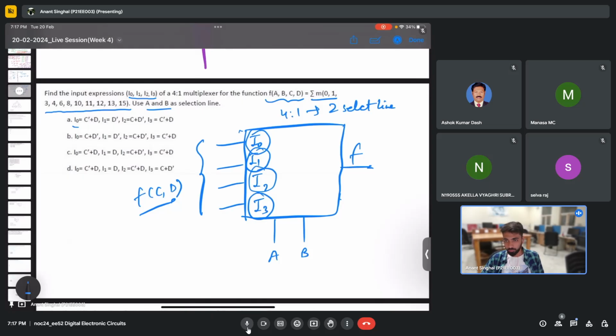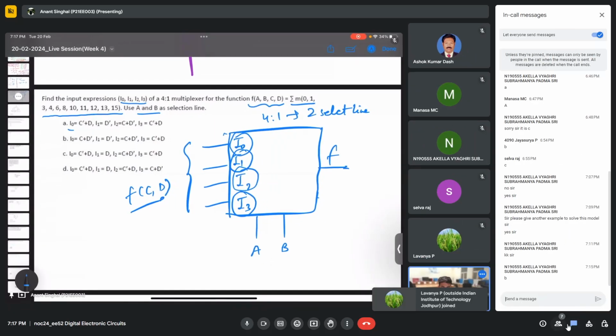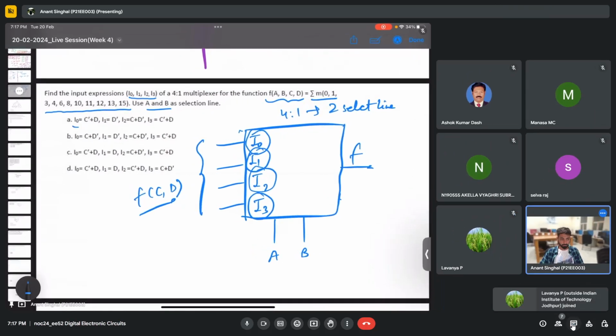So try to do it quickly. Maybe you can take 3-4 minutes to solve it and let me know what is the correct answer. Have you understood the question? Is the question clear, everyone? Fine, I'm assuming it is clear. So take 3-4 minutes and let me know what is the answer.